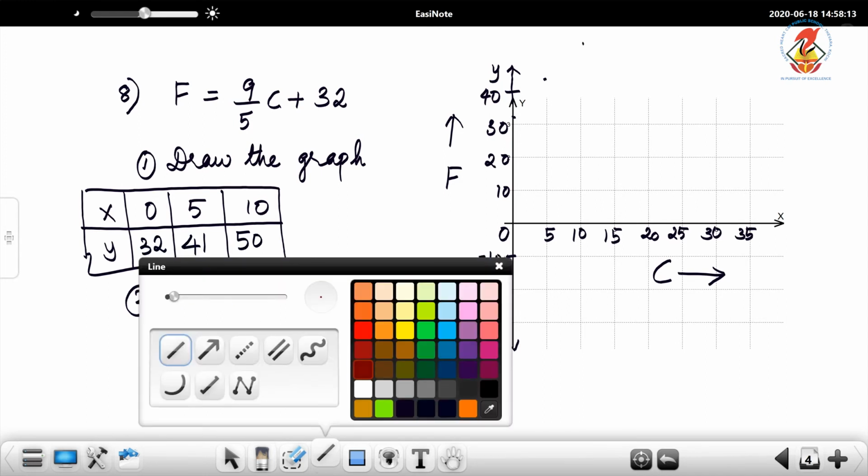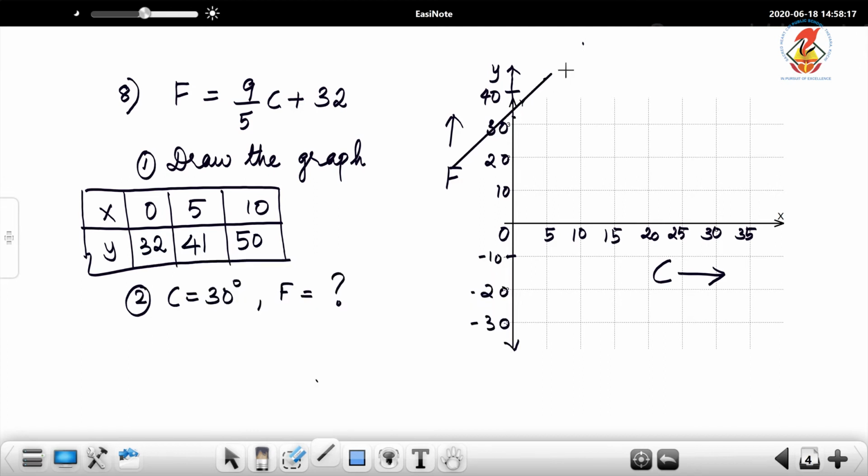Now, you have to join the line connecting all the 3 points. This point will be 0, 32, this point will be 5, 41 and this point will be 10, 50.